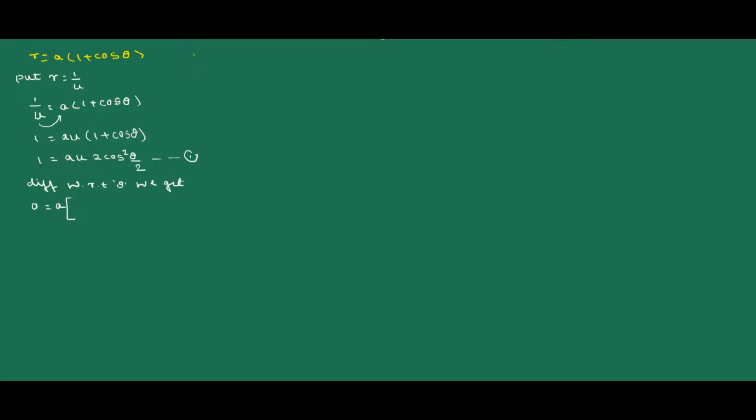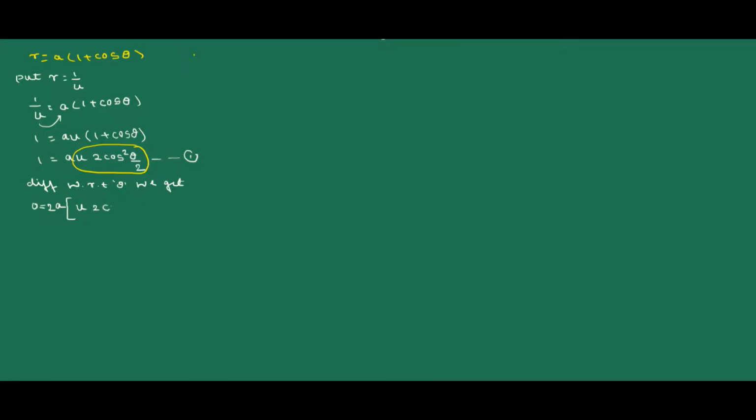You have to differentiate this u into 2 cos square theta by 2 by using the product rule. So first u as it is, differentiation of 2 cos square theta by 2. Better I will write this constant 2 outside. So we have to differentiate only u into cos square theta by 2. u as it is. What is the differentiation of cos square theta by 2?